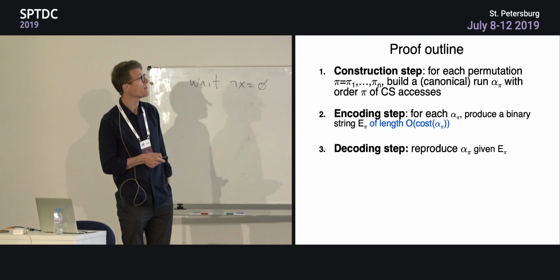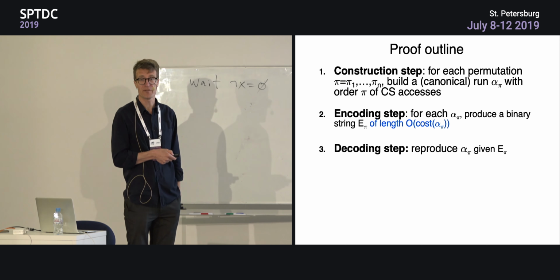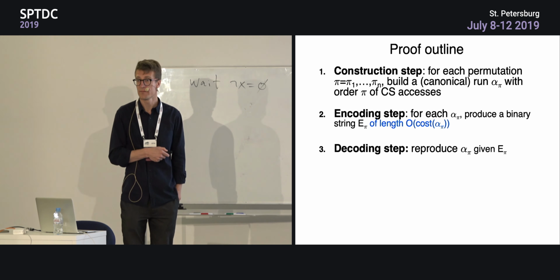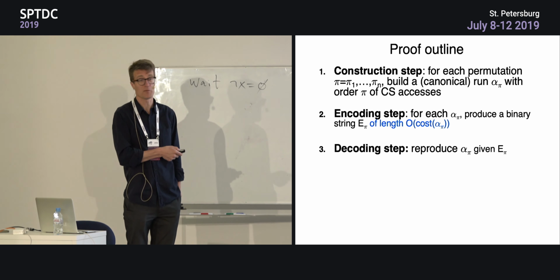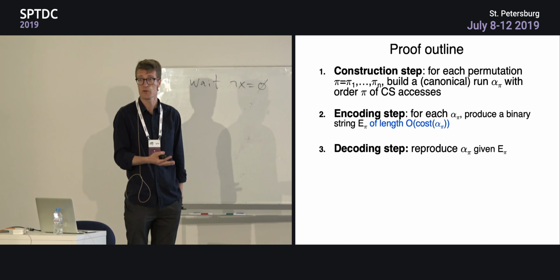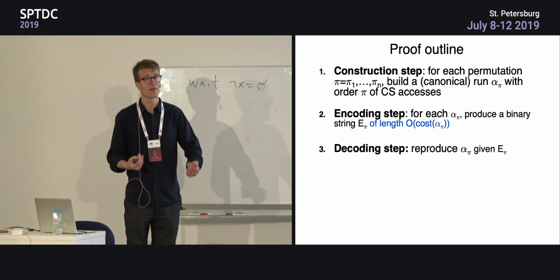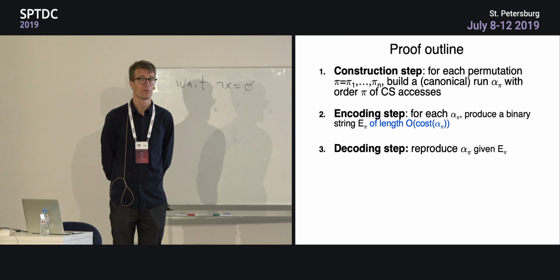Given e pi, a binary string in the code book, we should be able to recreate alpha pi without knowing pi. It's important. It's just a binary string here from some code book. So we give an algorithm which takes this binary string and recreates the execution, which means that it's indeed a code.